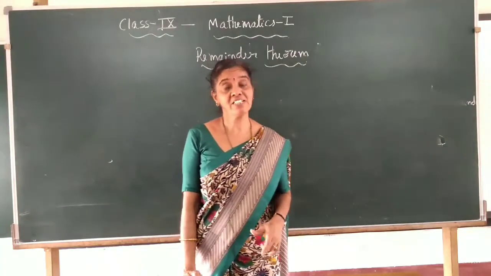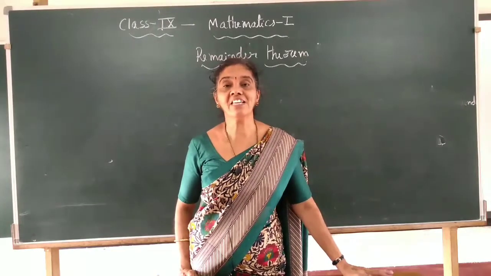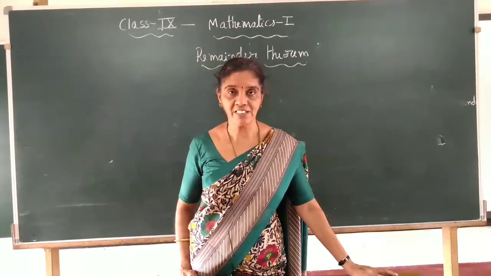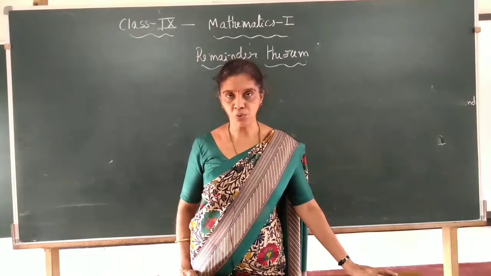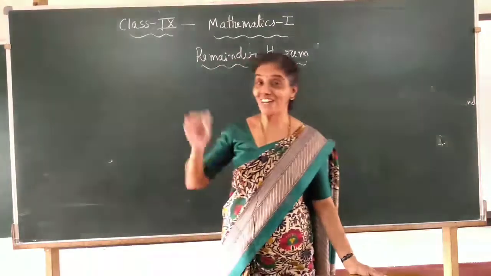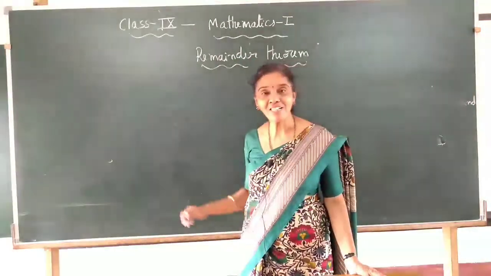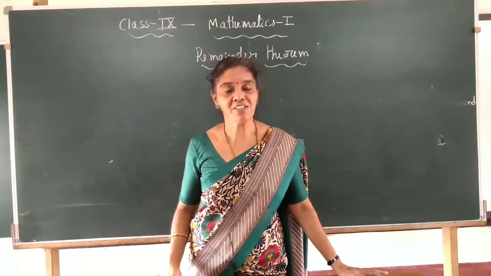Now I will take one example. I will divide a polynomial by a linear polynomial, as we have to take in the 9th standard, and see what remainder I get. Then, without using actual division, using the remainder theorem, I will get the same remainder. So that is the beauty of the remainder theorem.